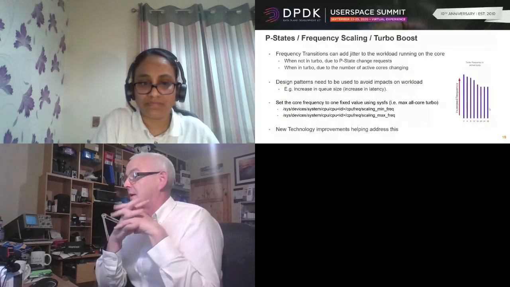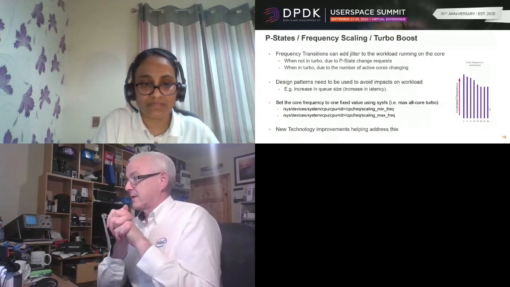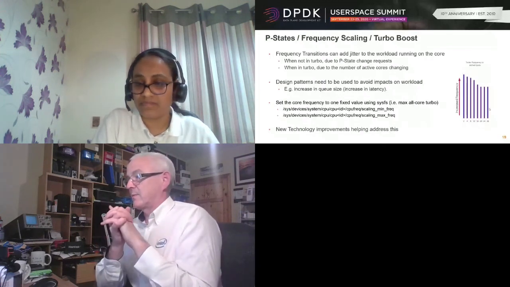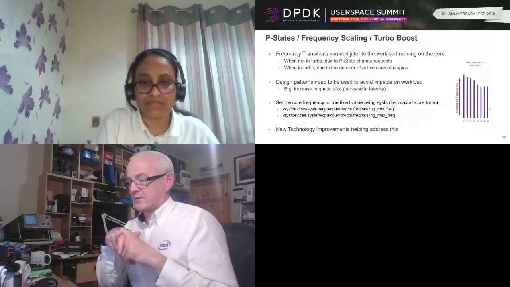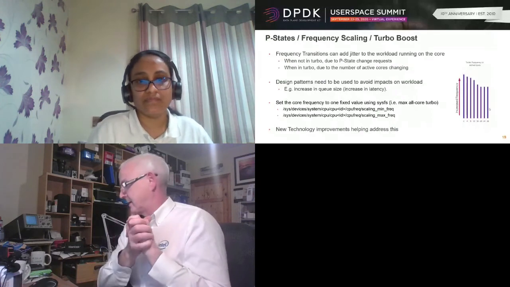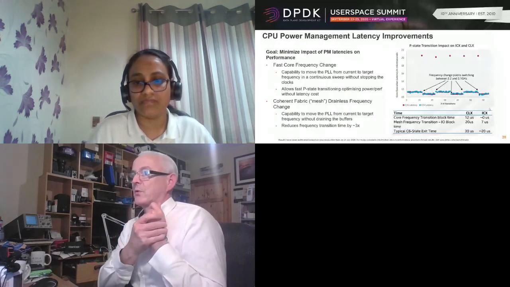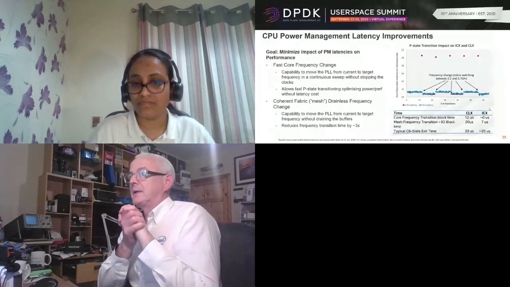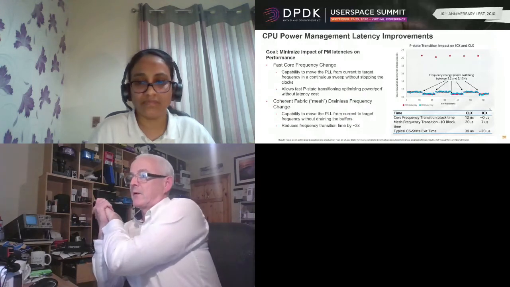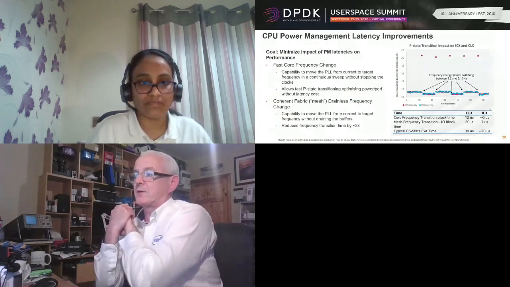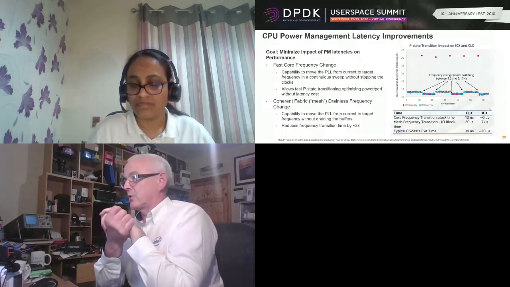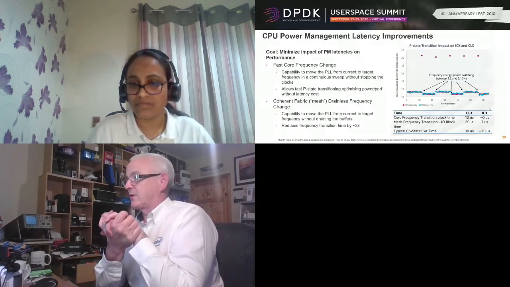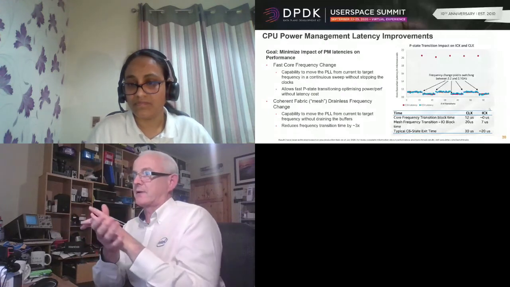However, there's new technology coming to help improve this, which was announced at Hot Chips 32 a couple of weeks ago, one of the big industry announcements. This slide is taken from that. We've introduced faster transition changes in the cores, so that they can change frequency faster.